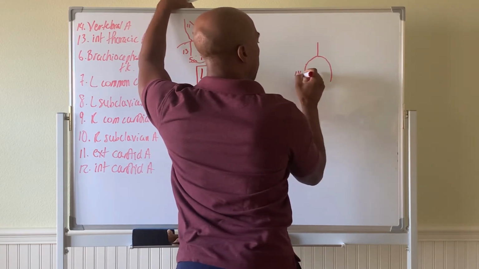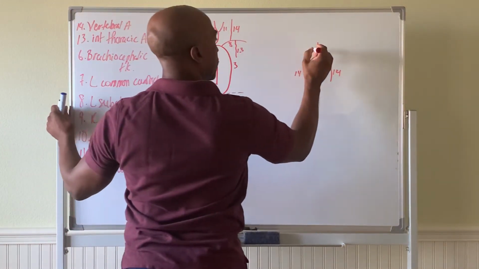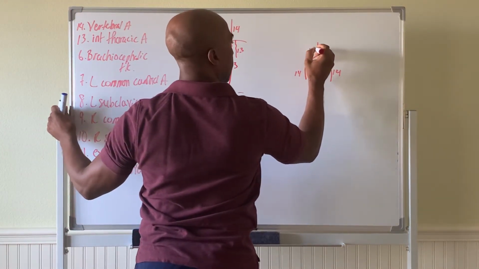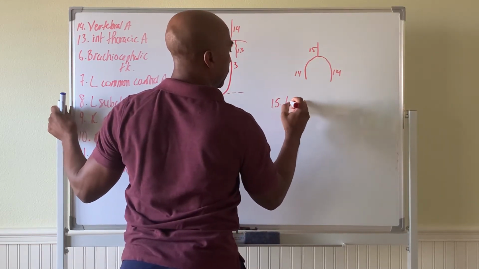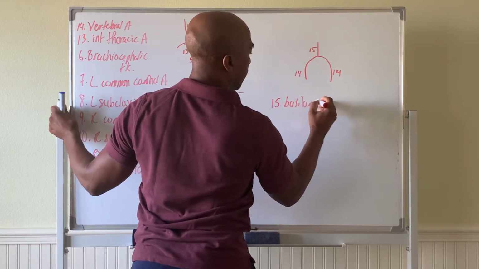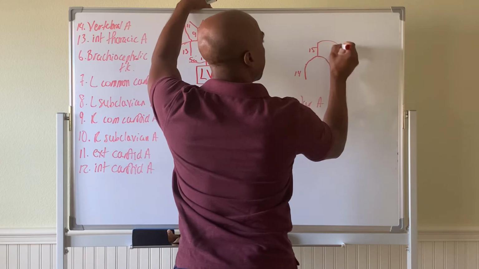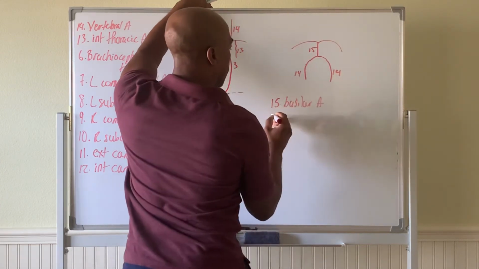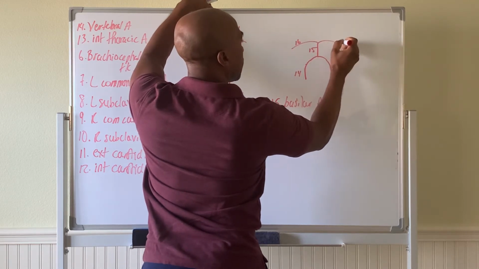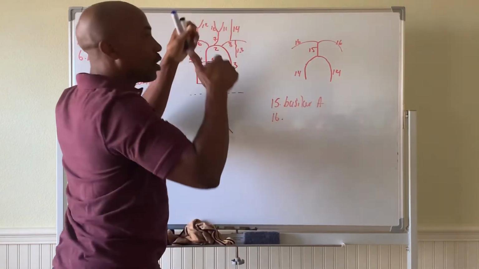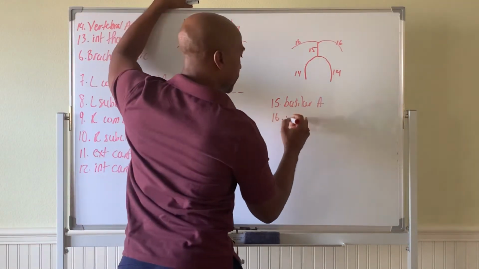So here's 14, merge to form, let's call this 15, which is your basilar artery. And then that artery splits like this into 16s, to bring blood to the back of the brain. We call these your posterior cerebral arteries.